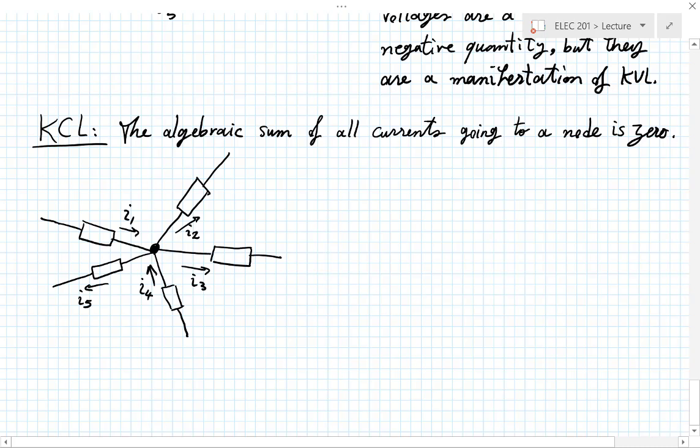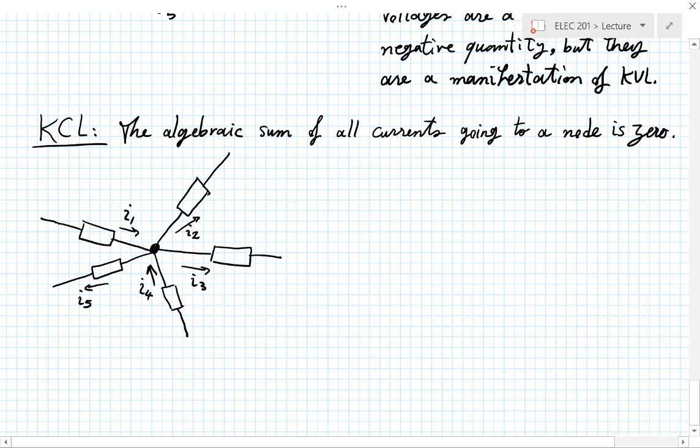How did I choose these directions? I1 being in this direction from left to right, and I2 being from, whatever, southwest to northeast, arbitrarily. Each of these could be a positive or negative number. Once the problem is solved, I will know. And if, for instance, I get a negative I2, I will know that the actual current is going into the node.